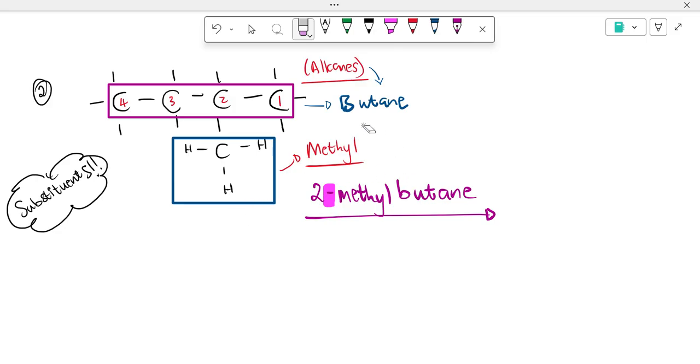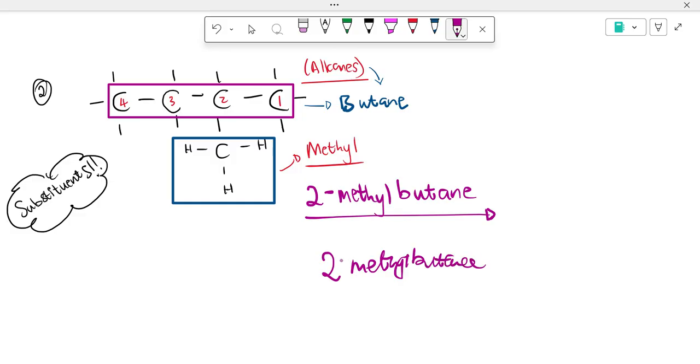Okay. So notice how I used a dash to separate a number from a word. That is the general rule. You must never forget that. You use dashes to separate words from numbers. Don't write something like 2 methylbutane.